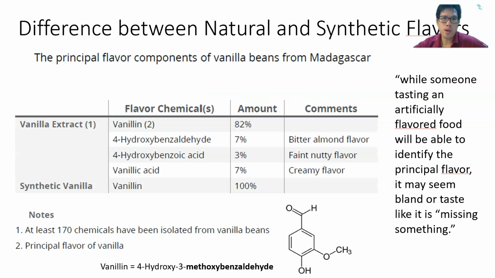You may be wondering, what's the difference between a natural and synthetic flavor? I think I mentioned it in Part 1, but I'll repeat. Through extraction from vanilla beans, for example Madagascar vanilla beans, you will have four major components after the extraction.